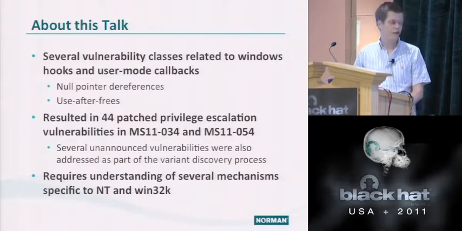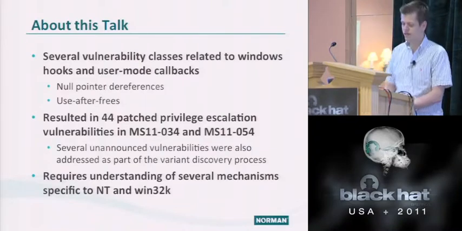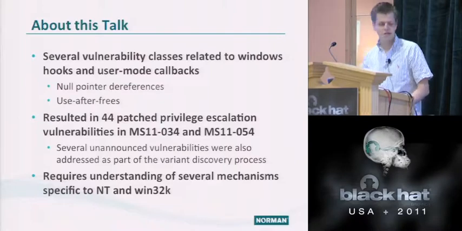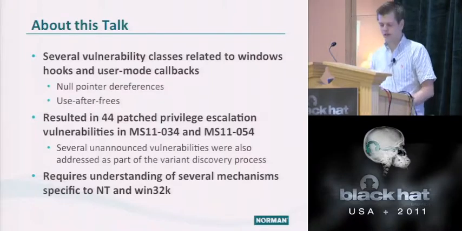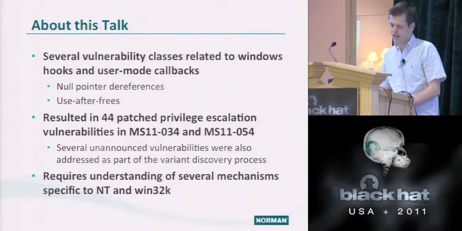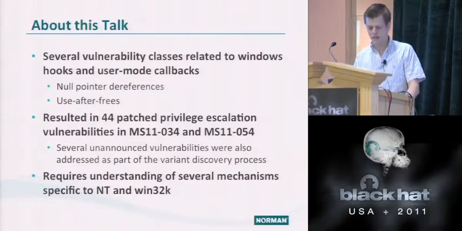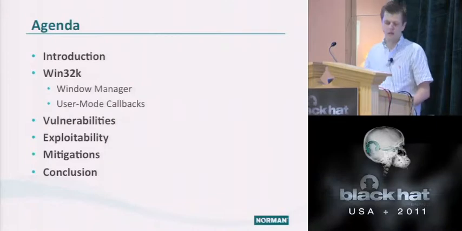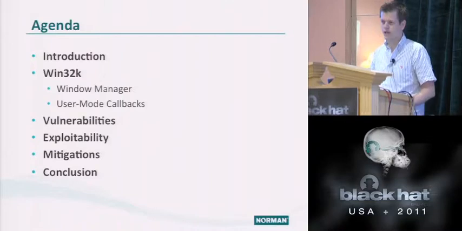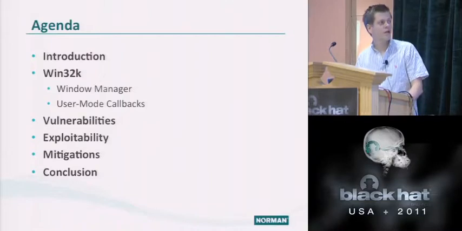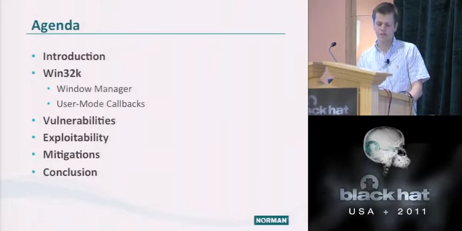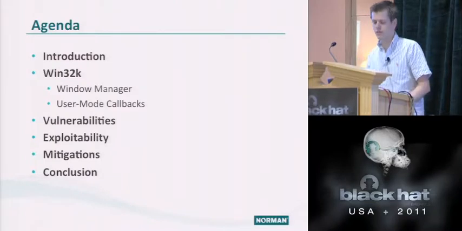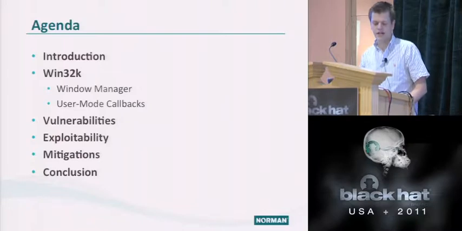For us to understand all these bugs, we need to go into several mechanisms specific to Windows NT or the kernel itself and Win32k. So a lot of the background material is going to be on that. So this is the agenda. We'll start with a brief introduction, move on to talk about Win32k, the window manager specifically, because that's basically the component of Win32k that we're concerned with, and user mode callbacks.